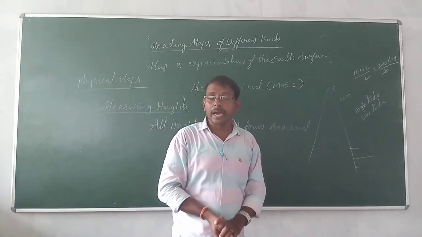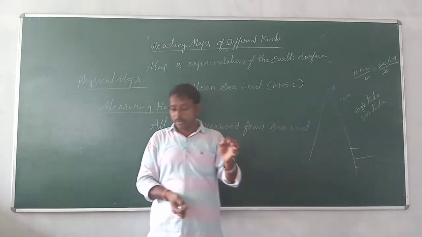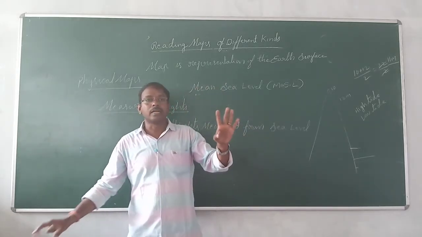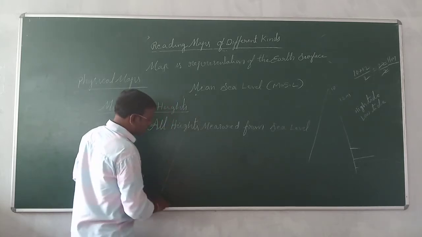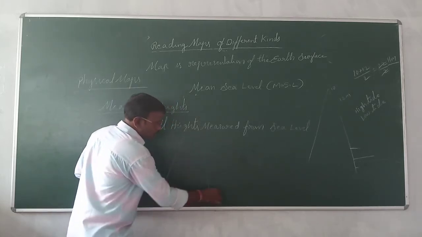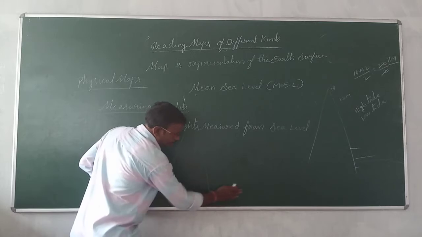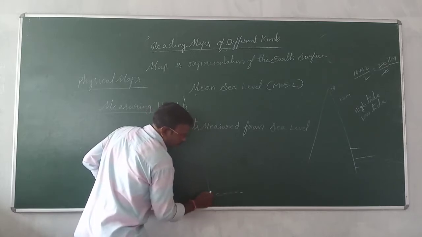All heights are measured from sea level. According to that, we are seeing Nimpur village. This is the sea level. Sea level is 0.